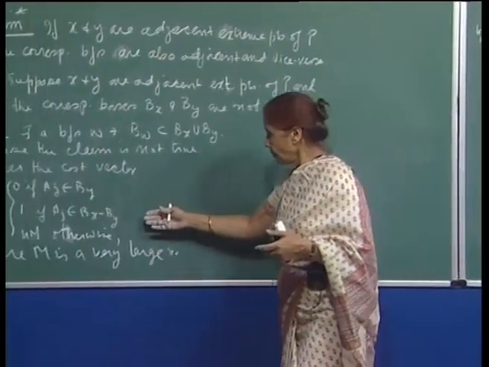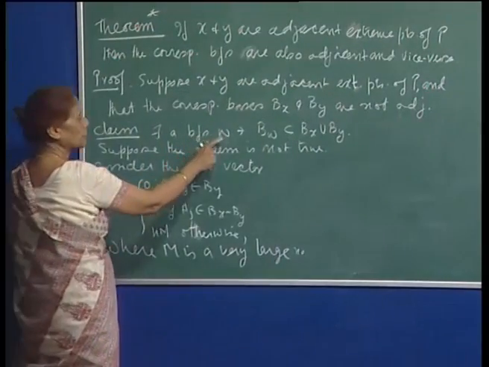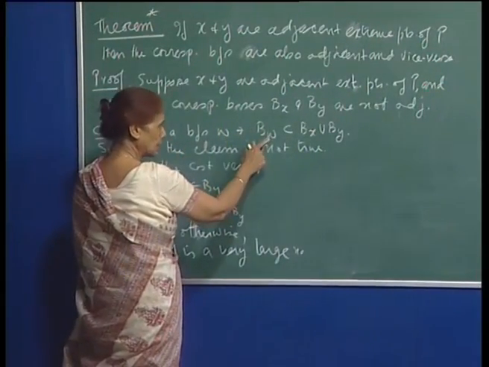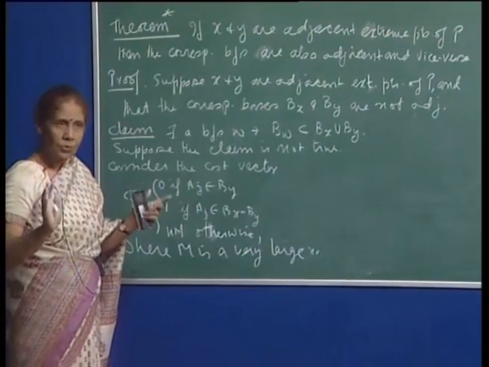So, therefore, the claim that there exists a basic feasible solution W whose columns are within Bx and By must hold. The claim is true.